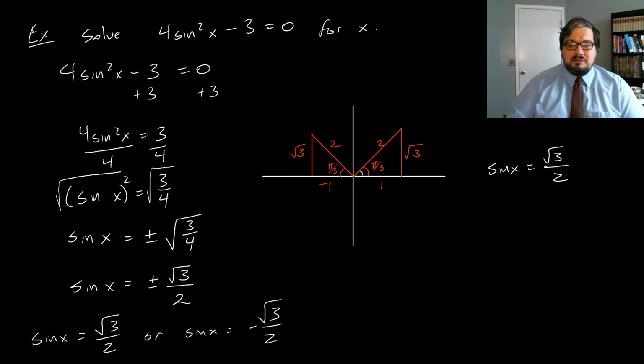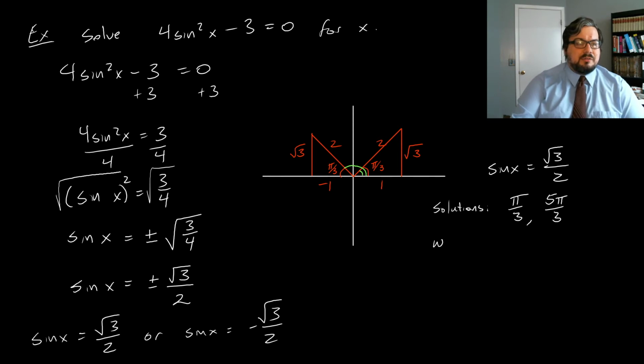Now x itself will be the angle that starts at the positive x-axis and rotates around to get to the red rays that we've sketched. So we have the solutions of pi over 3 and 2 pi over 3.